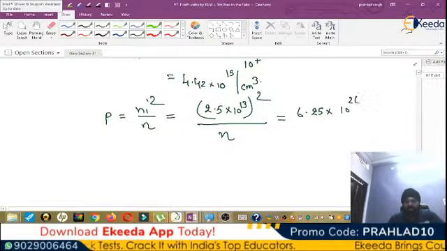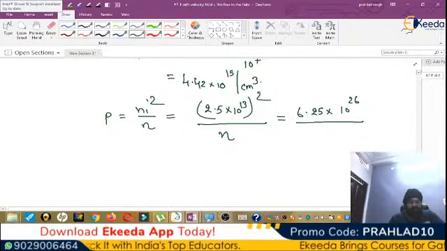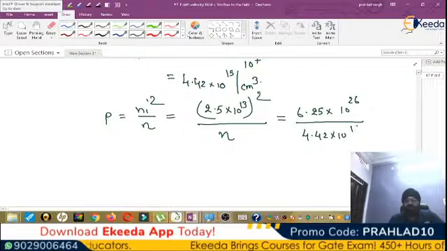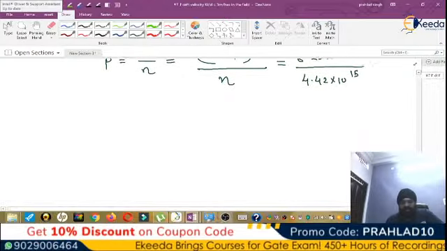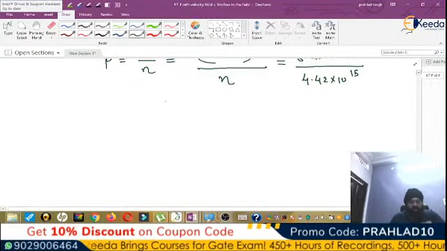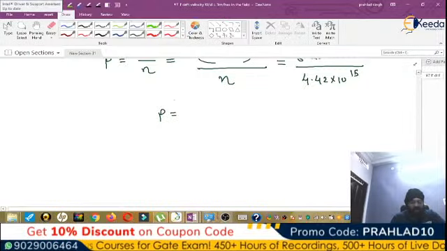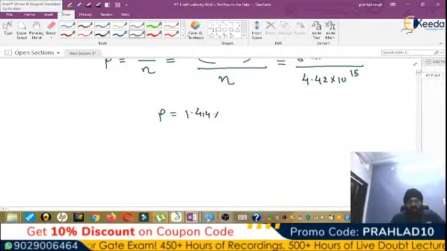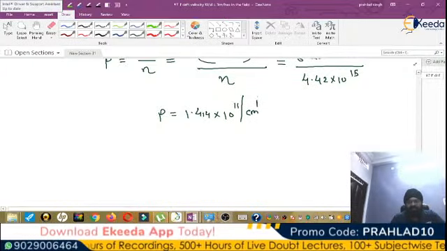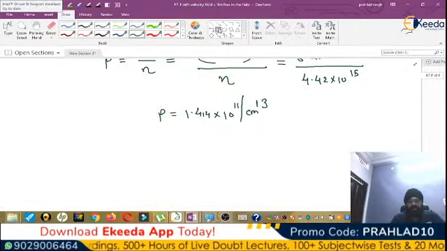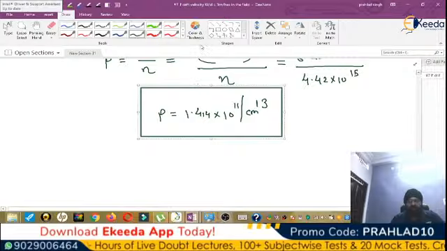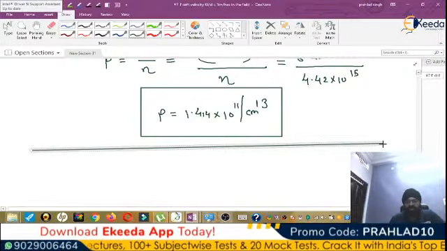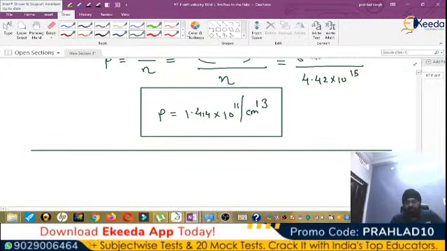So it is 6.25 into 10 to the power 26 divided by n, which is 4.42 into 10 to the power 15, right? So the hole concentration is equal to 1.414 into 10 to the power 11 per centimeter cube. So this is our first part of this question.